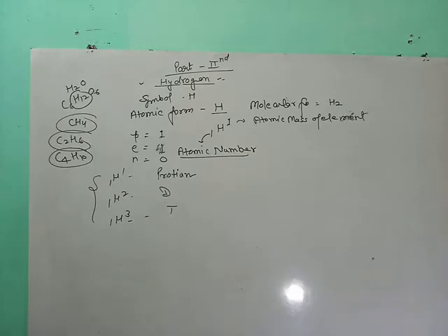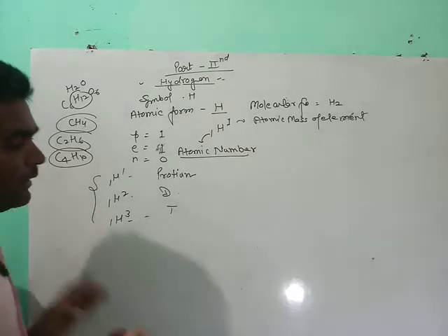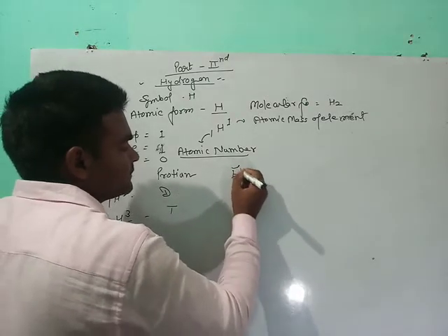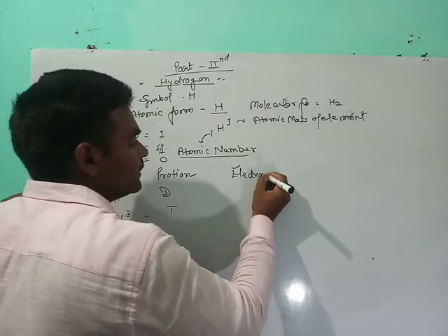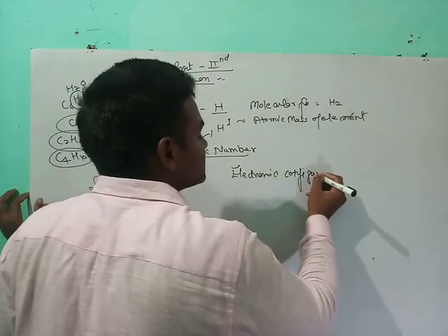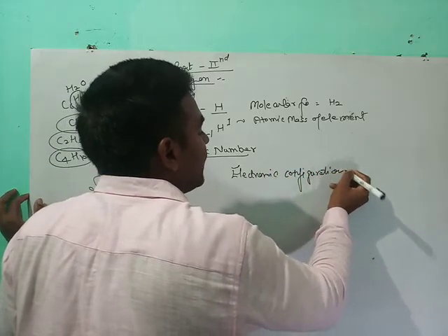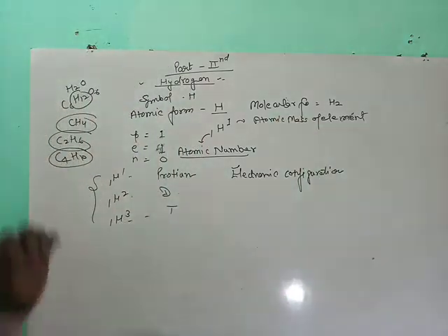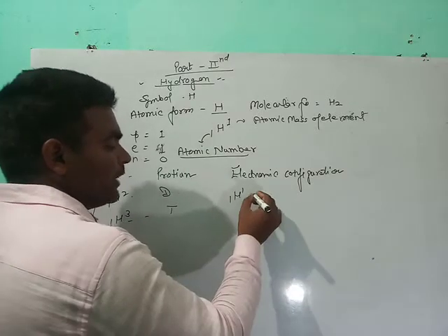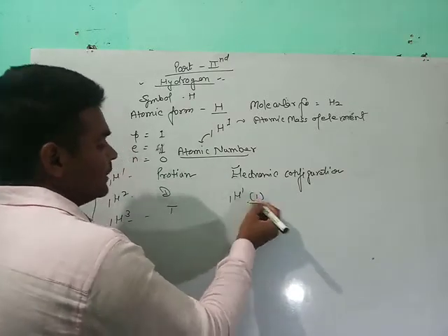Now we discuss the electronic configuration of hydrogen. Hydrogen is 1H1, which means hydrogen has only one electron.